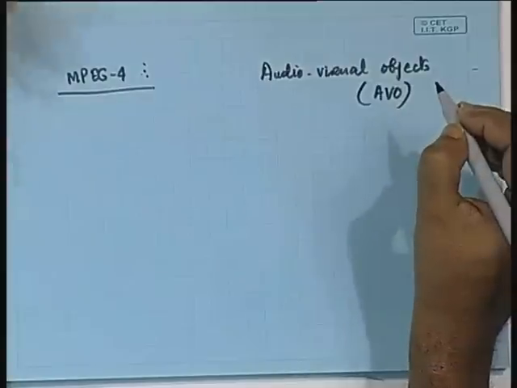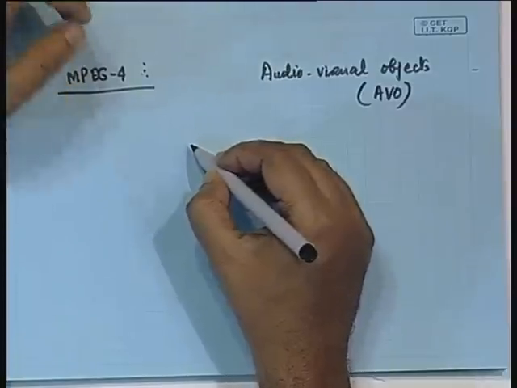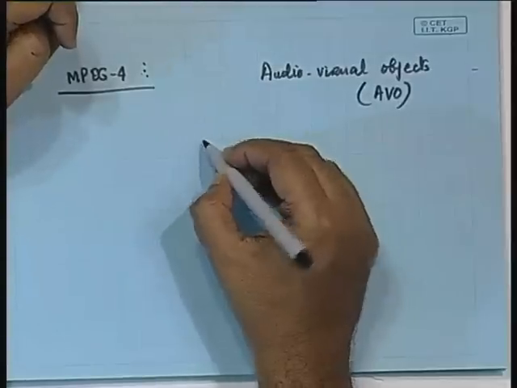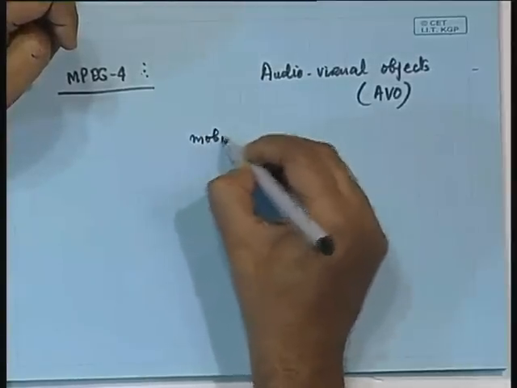So there the encoding is done on the AVOs, and the AVOs may be either a video object, or the AVOs may be some audio objects also. Okay. So, now this basically has to cater for different application domains like the mobile access, then multi-channel sound systems and all these things.